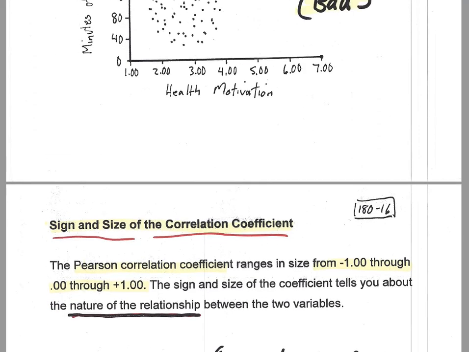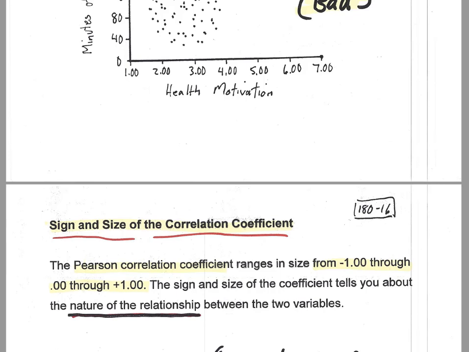Let's continue. I'm now on page 180-16 at the top. This is a biggie. You can assume there's going to be questions on the test in which I describe a fictitious study. I give you a correlation coefficient. It'll be your job to just look at the correlation coefficient and tell me about the nature of the relationship between the two variables.